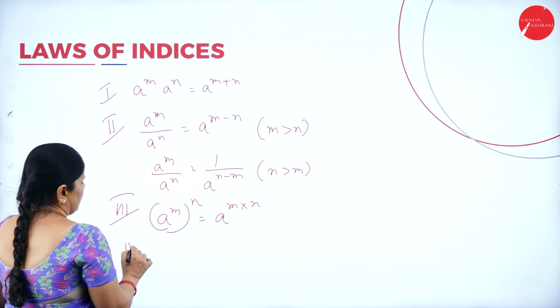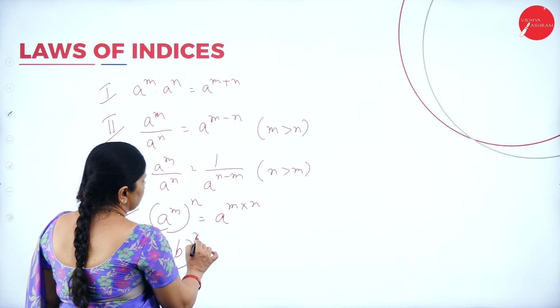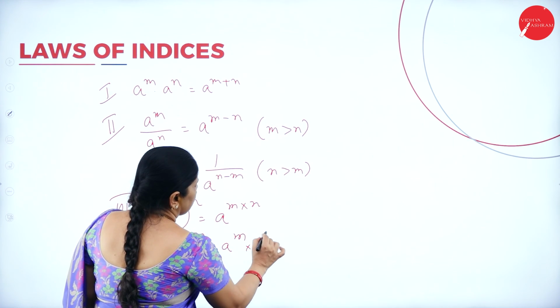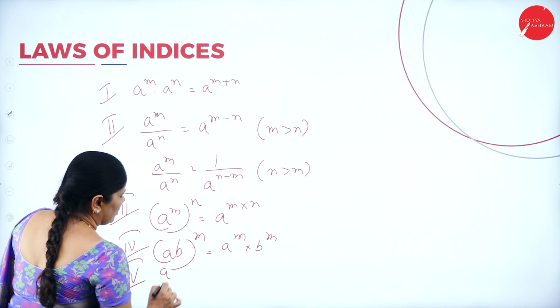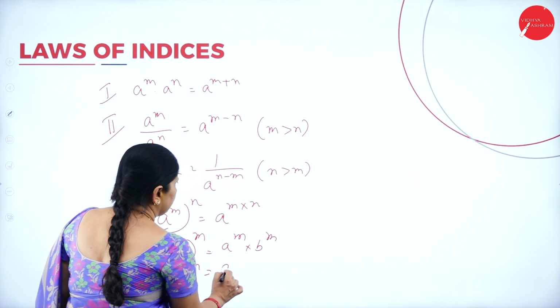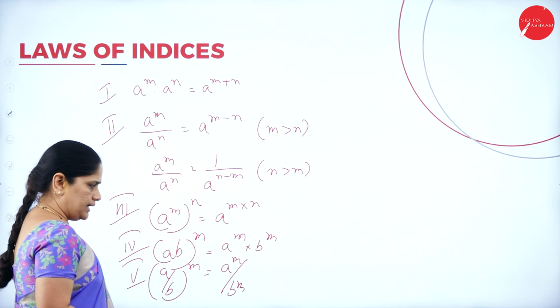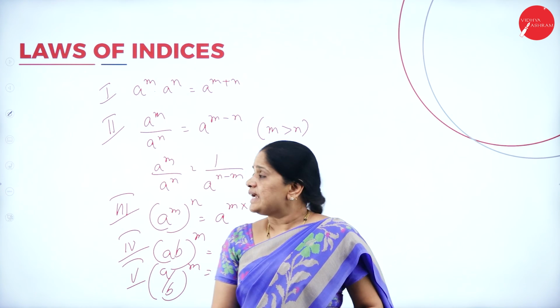Now, in the fourth law, (ab) to the power of m equals a to the power of m into b to the power of m. In the fifth law, (a by b) to the power m will be a to the power m by b to the power m. So, these are the 5 laws of indices.